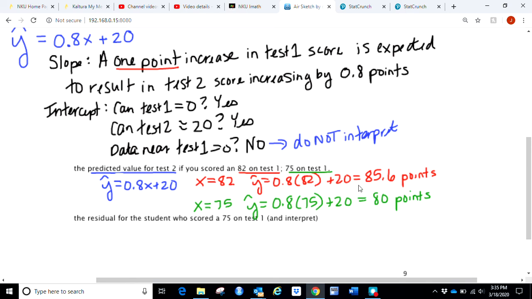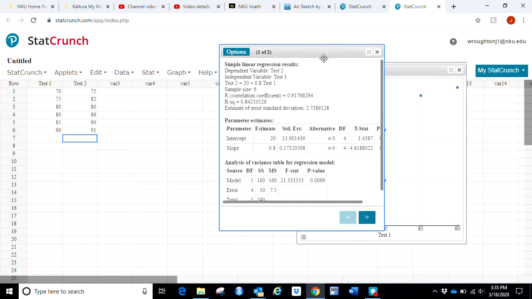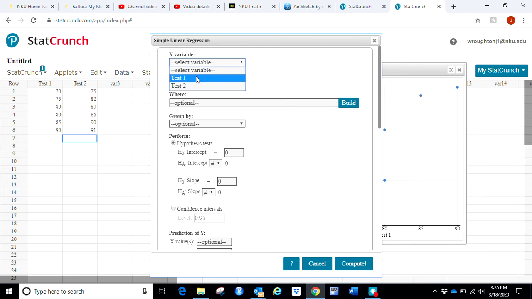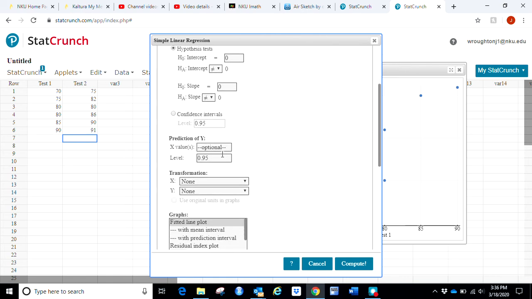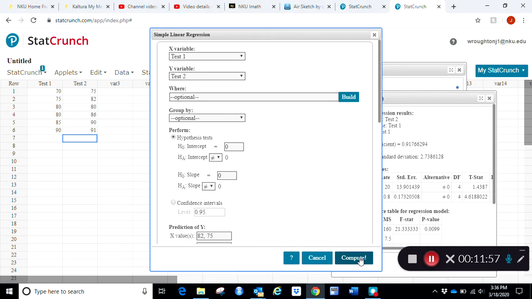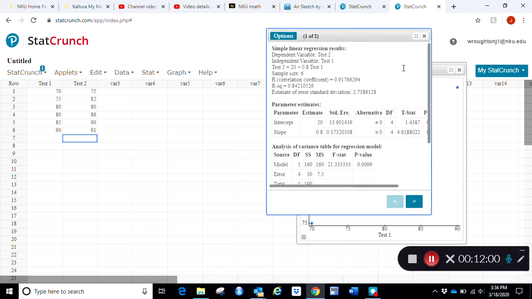Now StatCrunch will also do this math for us. This is one of those extra options I mentioned we can add in our regression. If I go back to where I created the regression equation before and put in my values of x and y again, you'll notice there is something that says prediction of Y, and it allows me to put in different x values. So I could put in my 82 and my 75. If I hit compute, I'm going to get the same output that I had before.